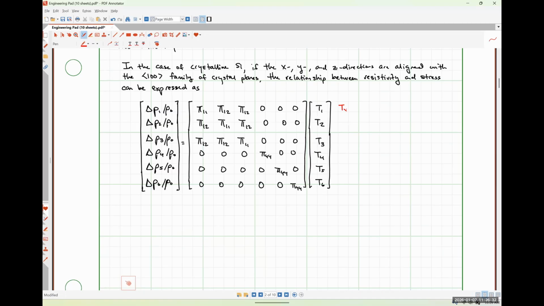T1 is our stress in the X direction, T2 the Y direction, T3 the Z direction. These are our three normal stresses. And then T4 through T6 will be our shear stresses. So we'll have YZ, XZ, and XY.